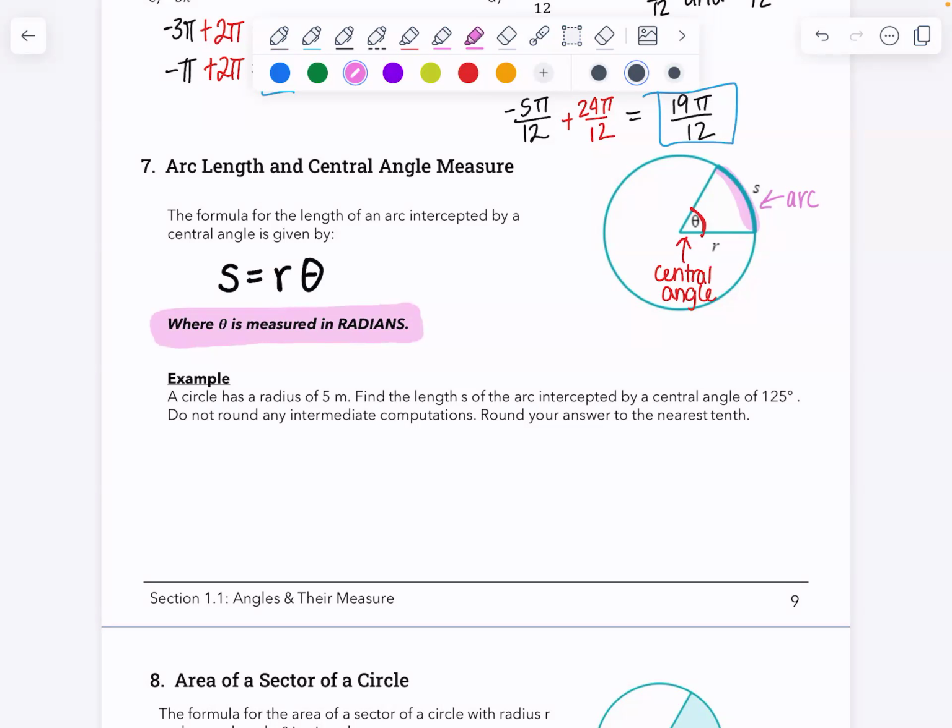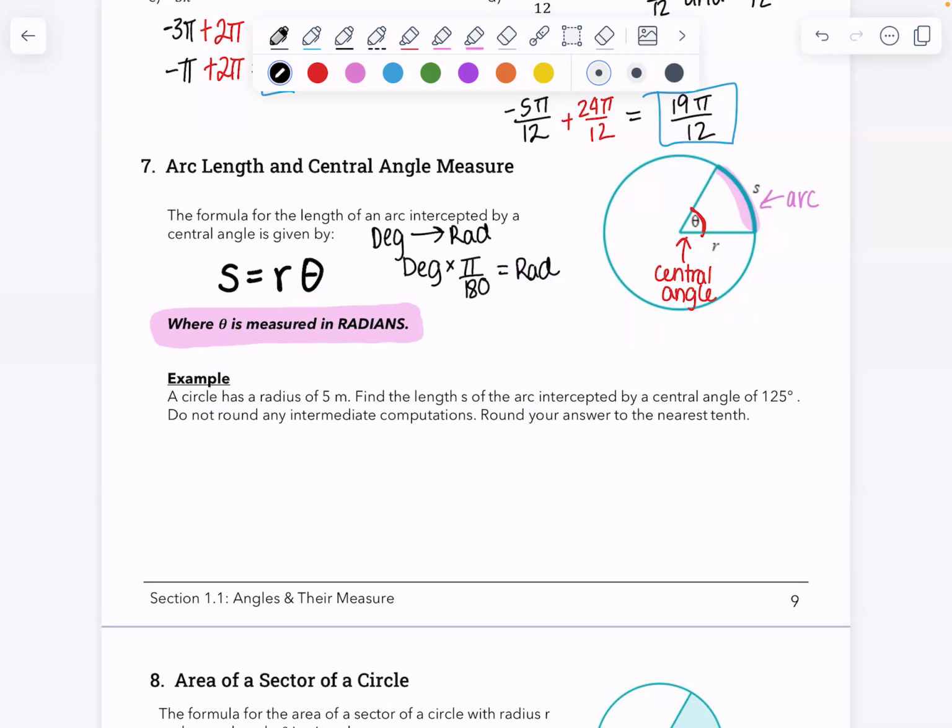Switch it to radians. If you're in degrees, to go from degrees to radians, you multiply degrees by pi over 180. And that will give you the angle in radians.